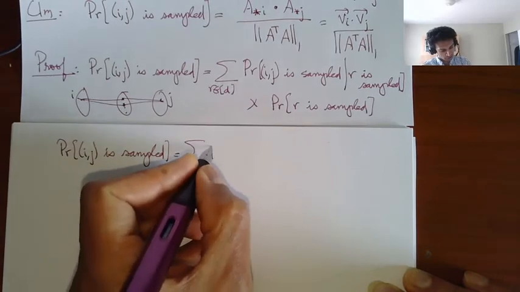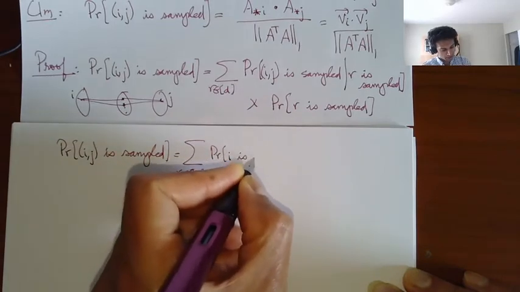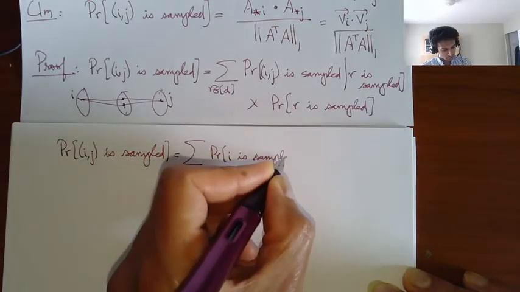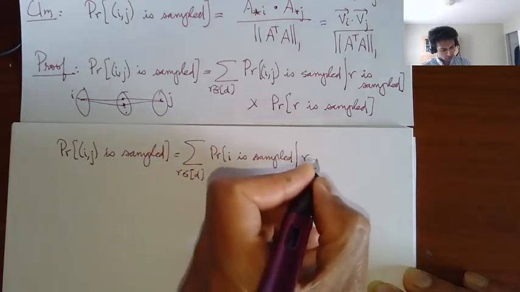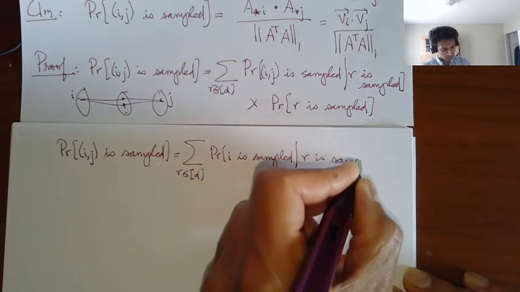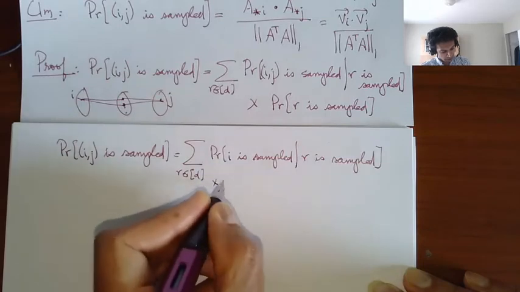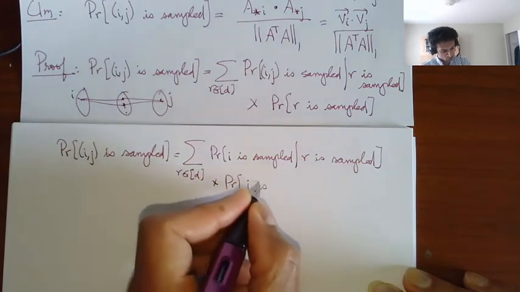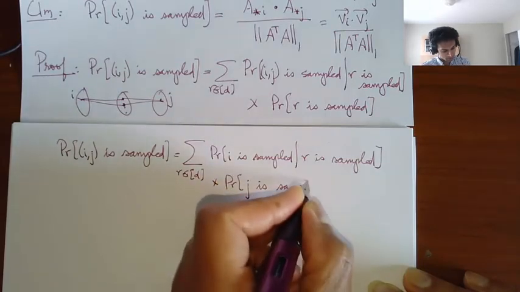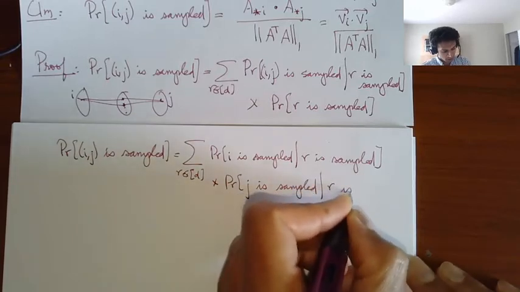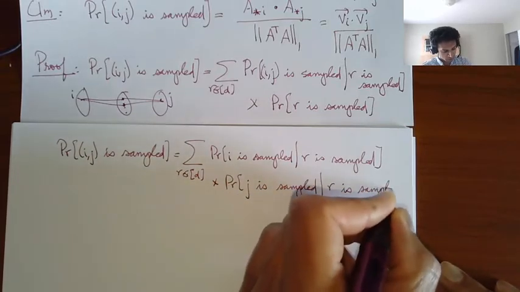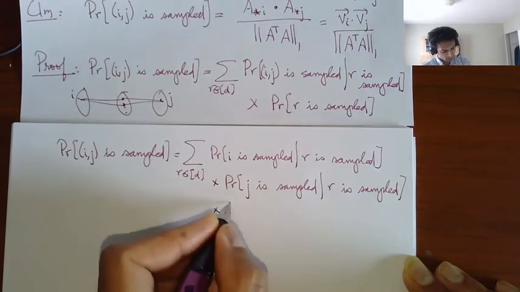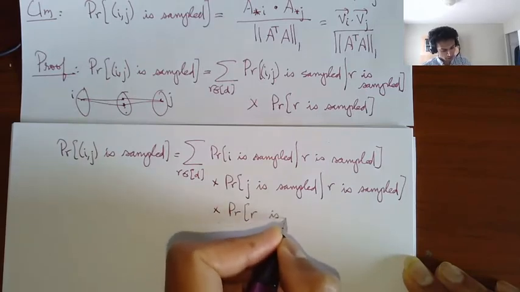So this is the probability that i is sampled conditioned on r being sampled, times the probability that j is sampled conditioned on r being sampled, times the probability that r is sampled.